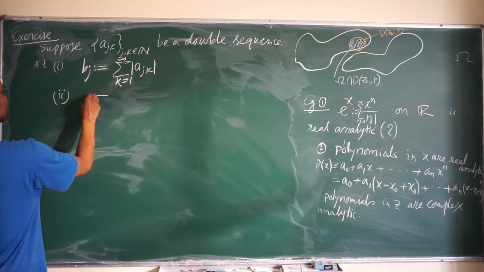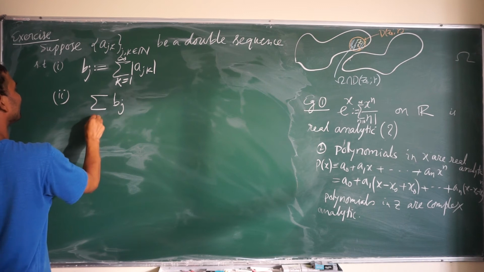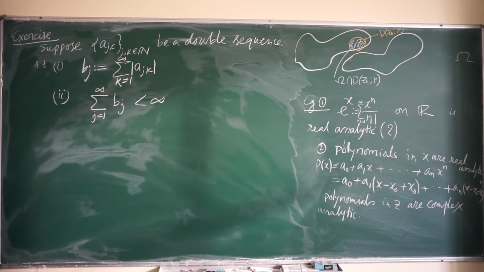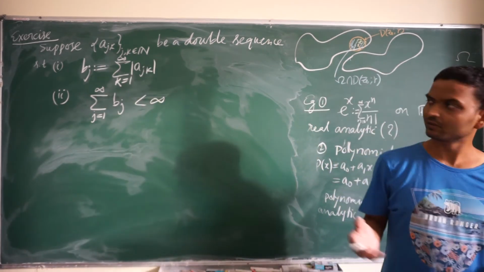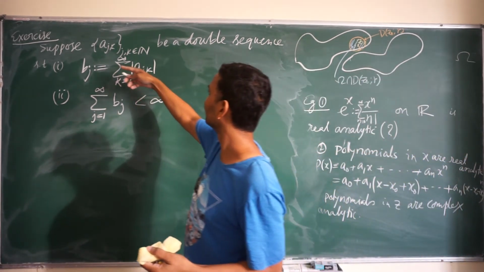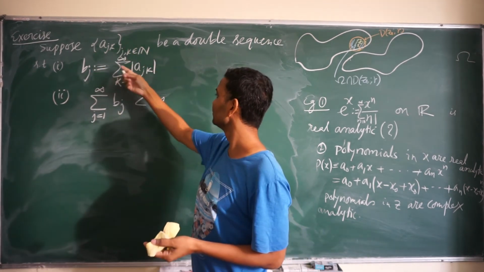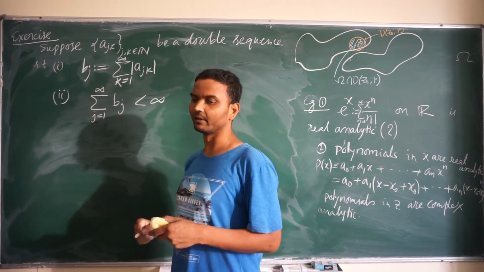And assume the sum of b_j, j equal to 1 to infinity, converges. So from a double sequence you create a single sequence, and the sum of that should converge.